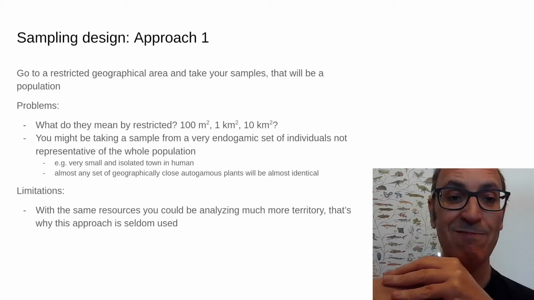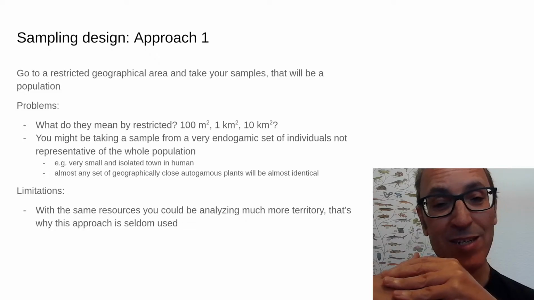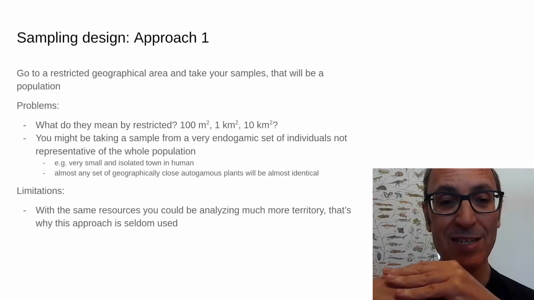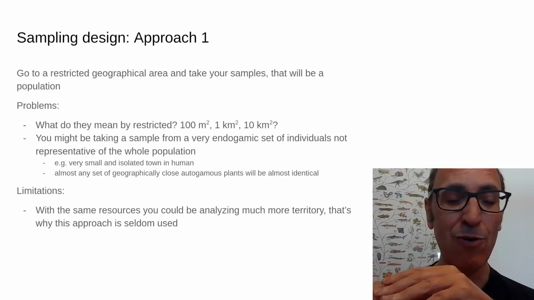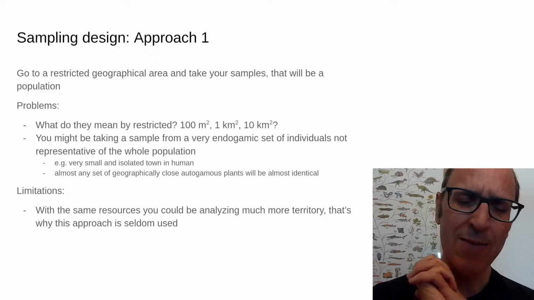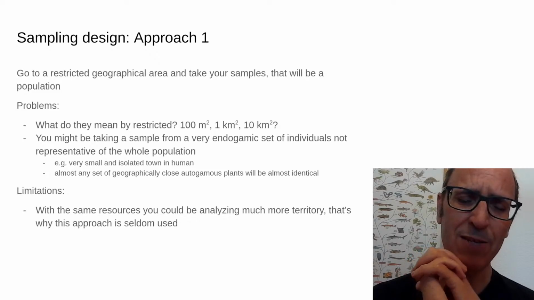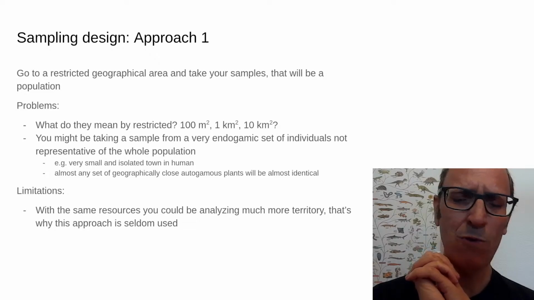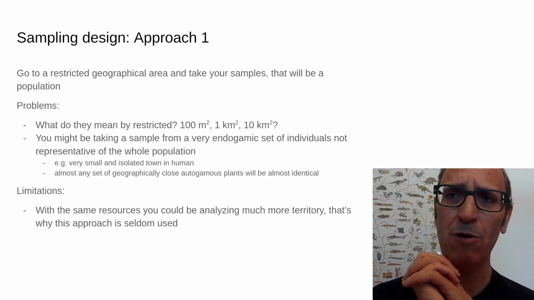And there's another risk, and the risk is that if you go and you take many individuals from a very restricted geographical area, you might get a family or individuals that are very endogamic. So these individuals won't be a good representation of the overall population.